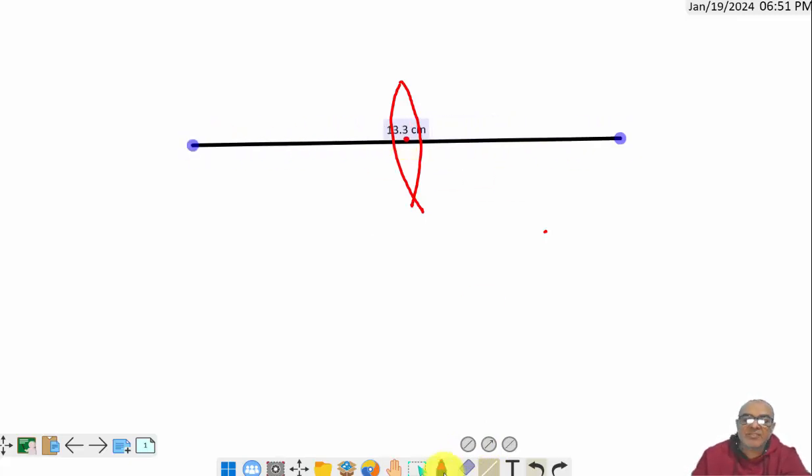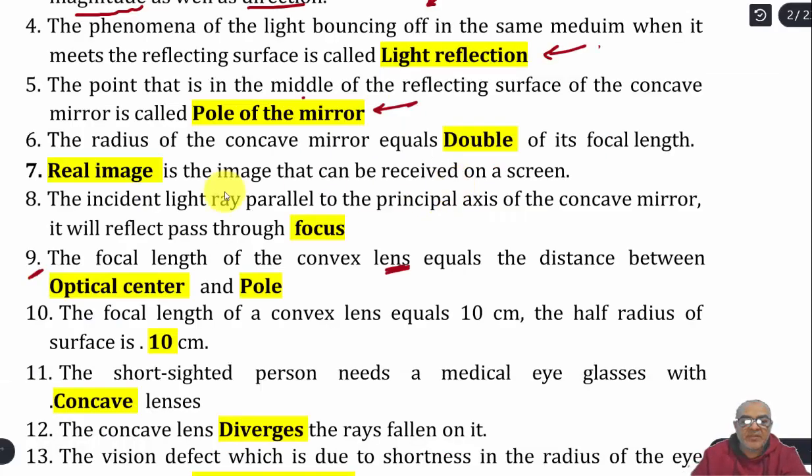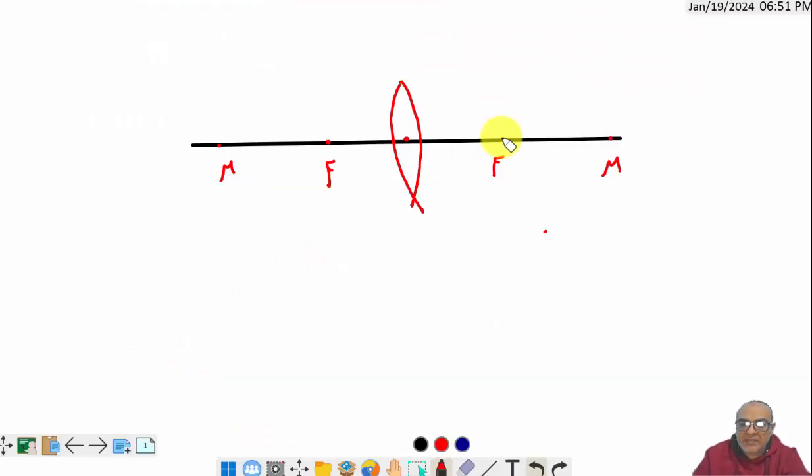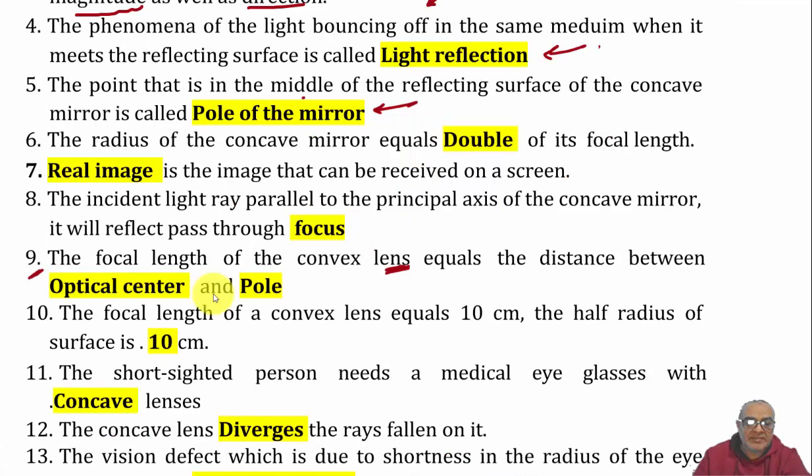The lens has two centers of curvature like this, here and here, and two focuses here and here. Let's go back to the question. The question is the focal length of the convex lens. This is the focal length, the distance between the focus and the optical center. Here they are, the focal lengths.